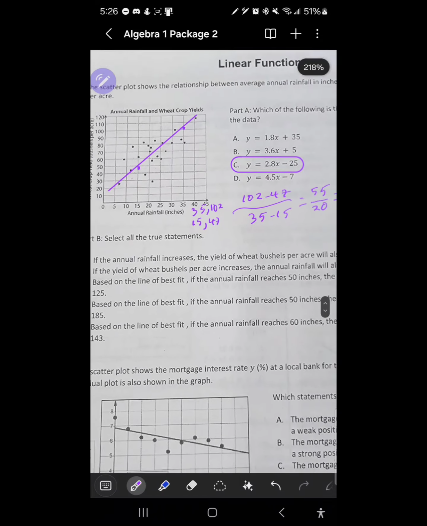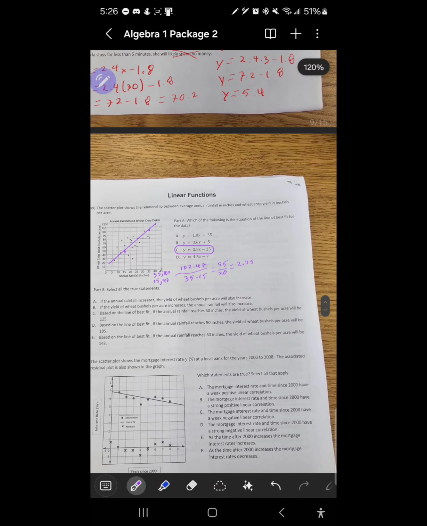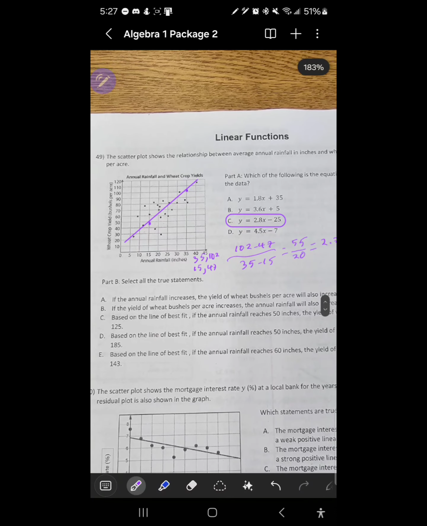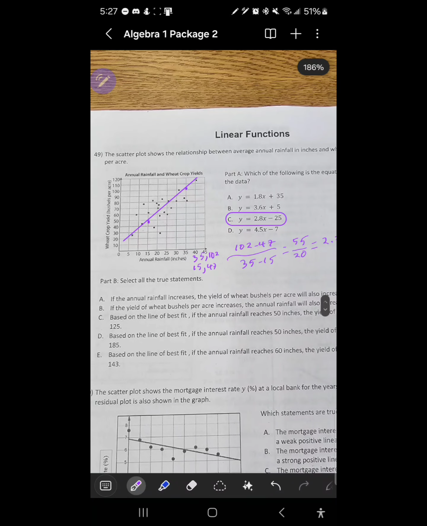Now, select all the true statements. A: If the annual rainfall increases, the yield of wheat bushels per acre will also increase. Basically, it just means that it has a positive correlation, so if one increases, the other also increases.